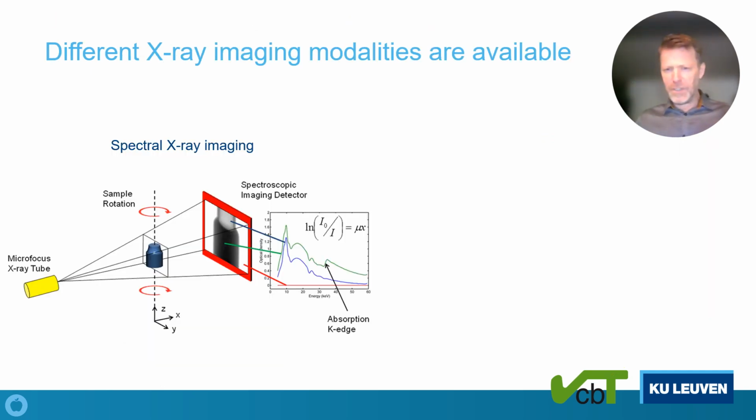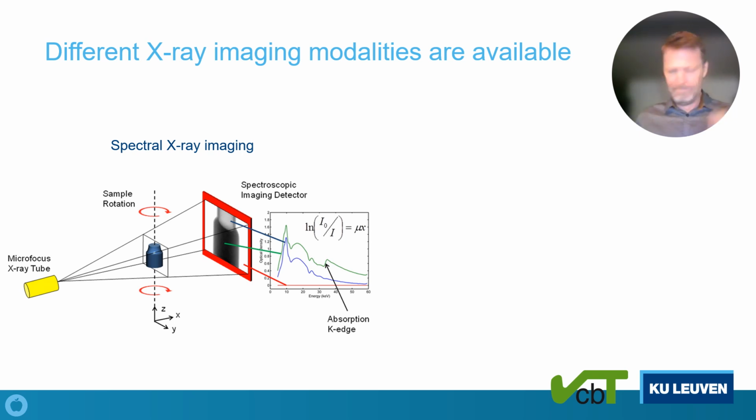To make further advances in X-ray imaging in order to improve contrast and capabilities of visualizing things that are otherwise difficult to visualize, we can make use of some advances in the technologies. One of them, displayed here on the left, is spectral X-ray imaging.